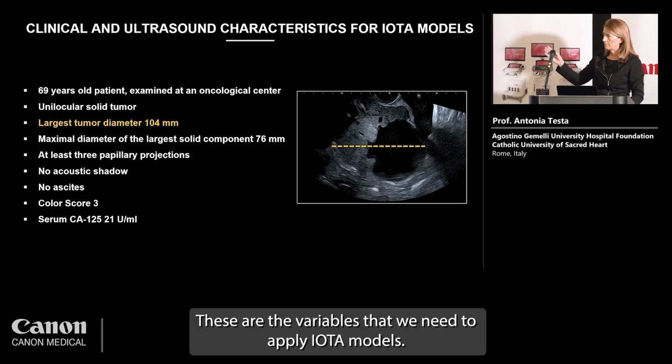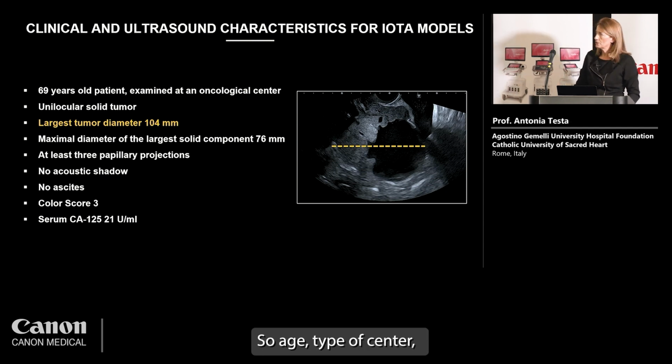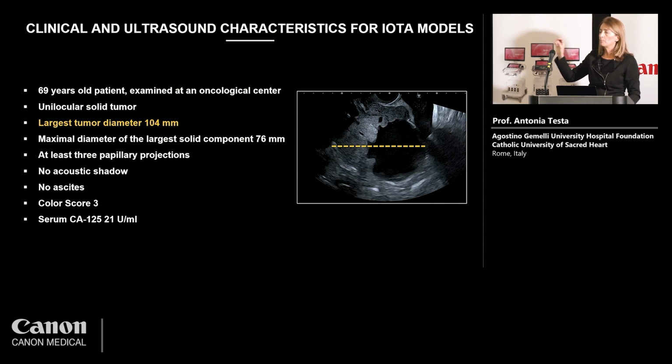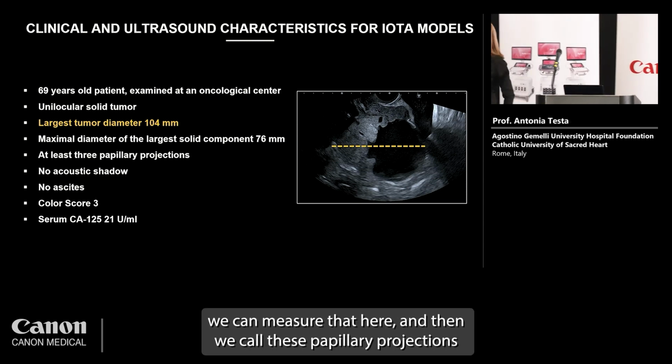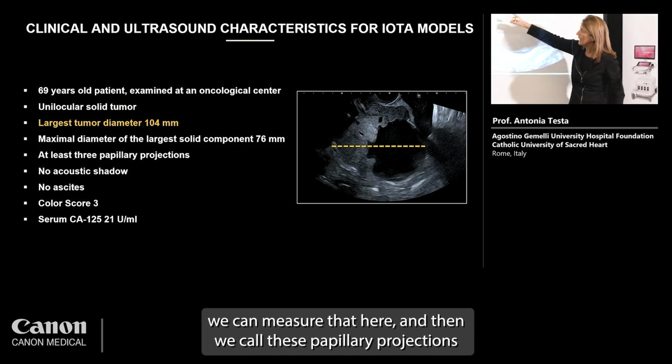These are the variables that we need to apply IOTA models: age, type of center, morphological name, unilocular solid, the largest tumor diameter, the largest solid component, which we can measure here.